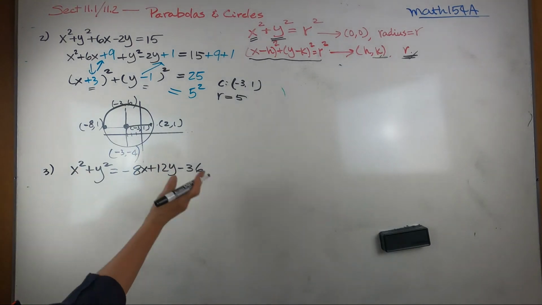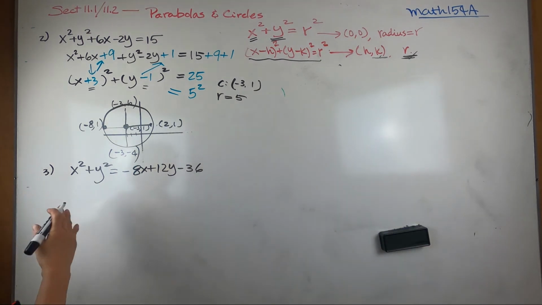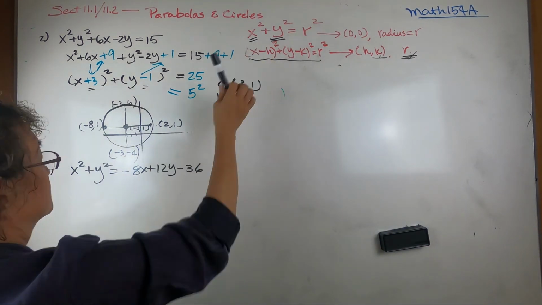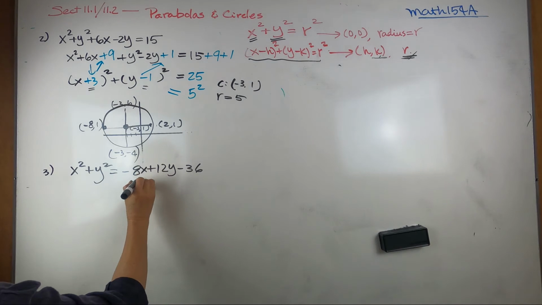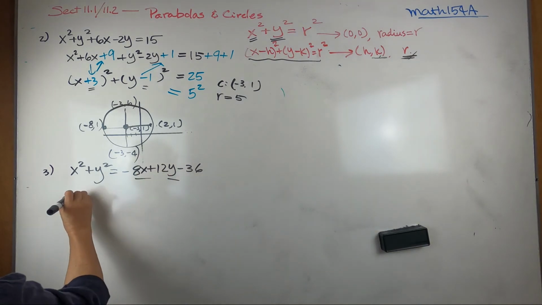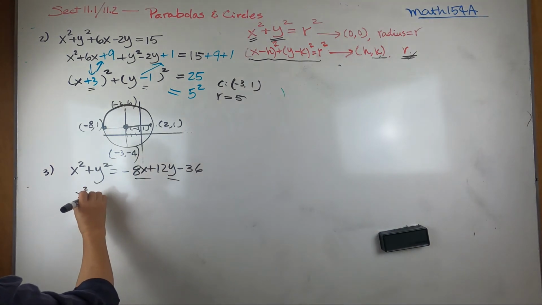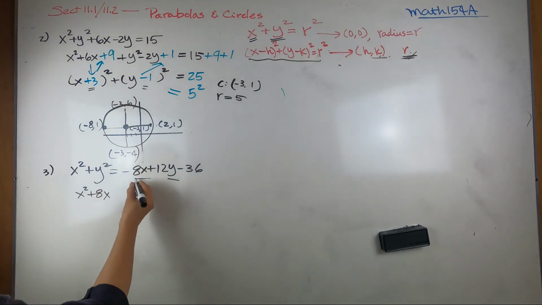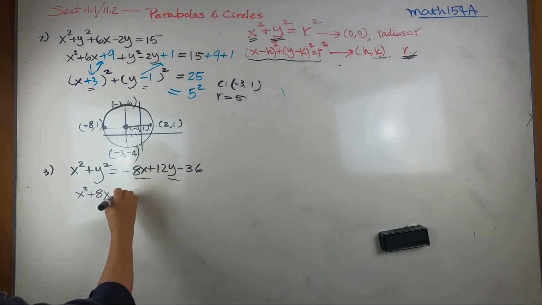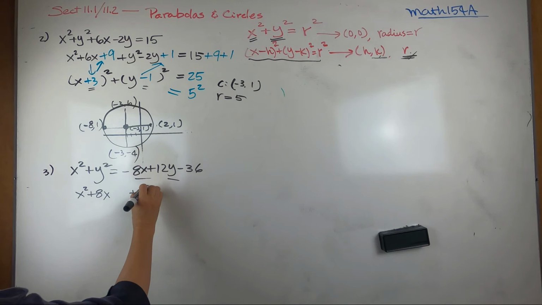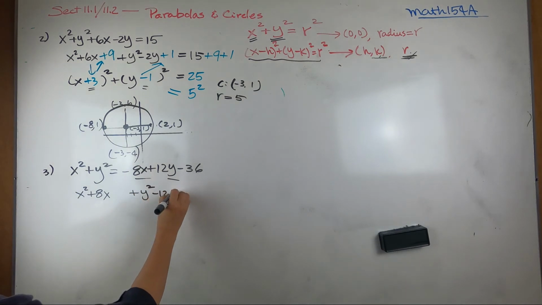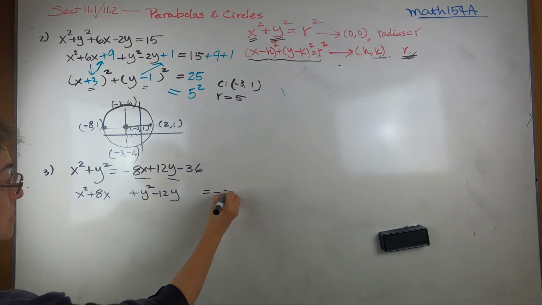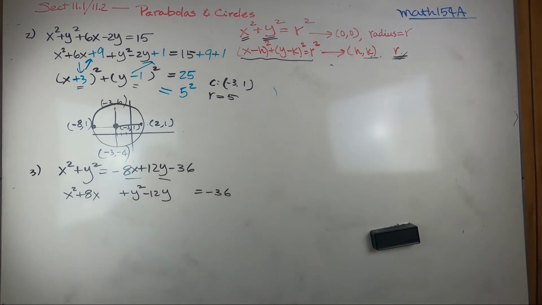x and y have to be on the left hand side like this, right? So you move them over, so you will have x squared plus 8x, then plus y squared minus 12y equals -36, right?